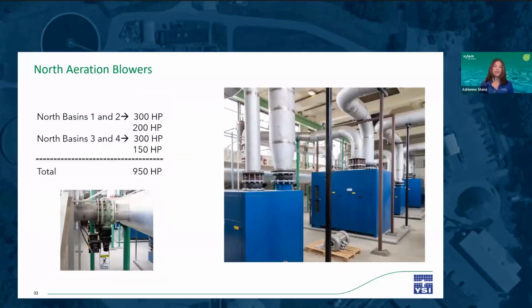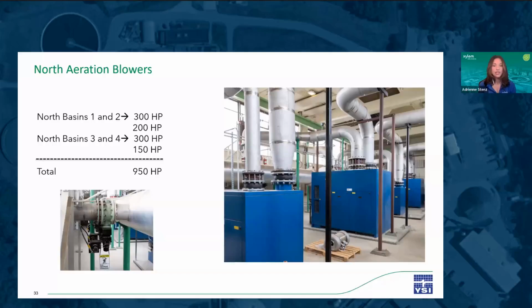These are the blowers for the North aeration basins, controlled via a variable set point of 1 to 5 milligrams per liter ammonia. Airflow to these basins is controlled via a butterfly valve, like the one shown in this photo here. One 300 horsepower turbo blower and one 200 horsepower turbo blower are manifolded together to supply air to North Basins 1 and 2.